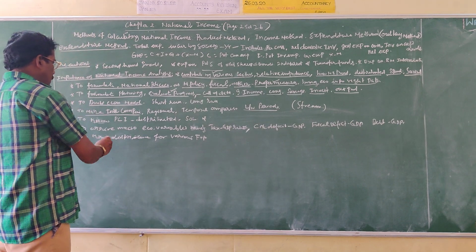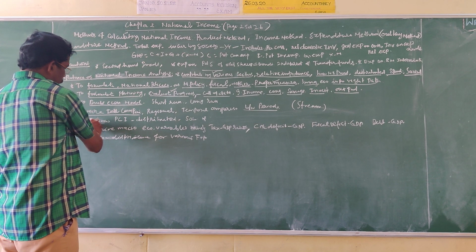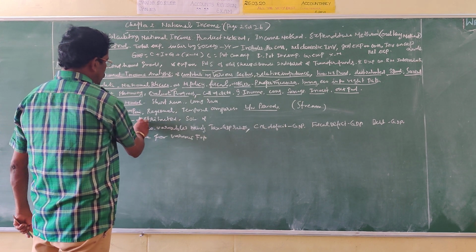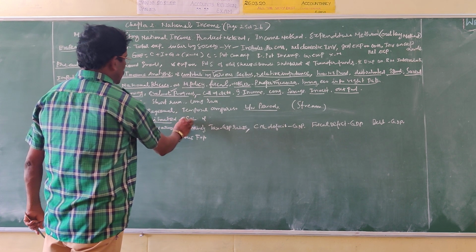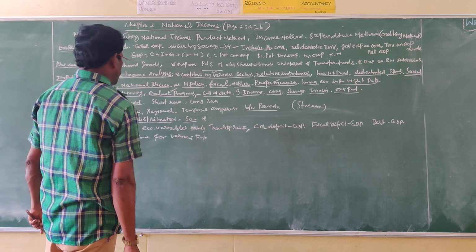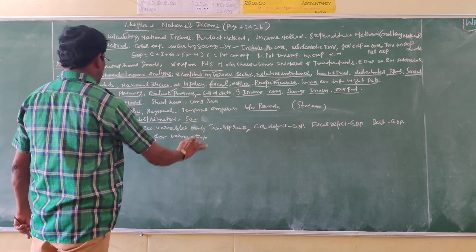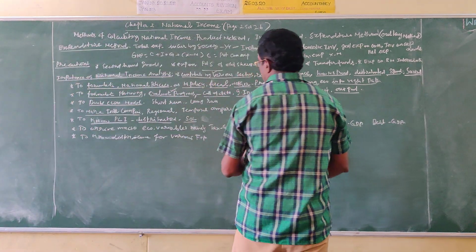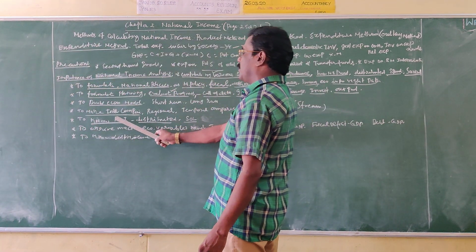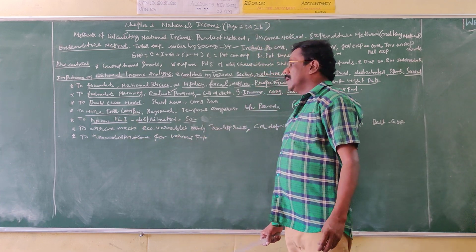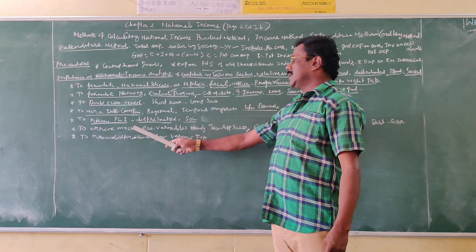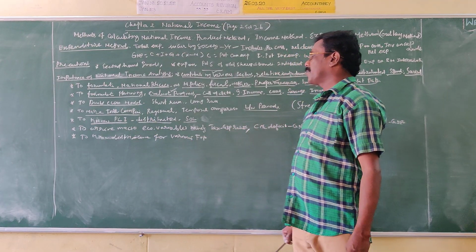Then, to know the per capita income contribution distributed and to know the standard of living of the people. Per capita income is nothing but the total amount of national income divided by the total population. That is known as per capita income.